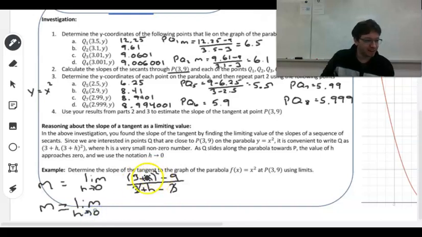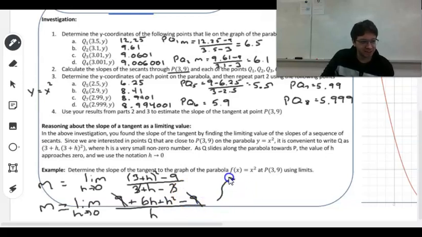Let me expand the numerator here, the square. That's a perfect square, so we're going to get 9 plus 6h plus h squared, and then I still have this minus 9 over there. You might be able to see what's going to happen. 9 minus 9, goodbye.